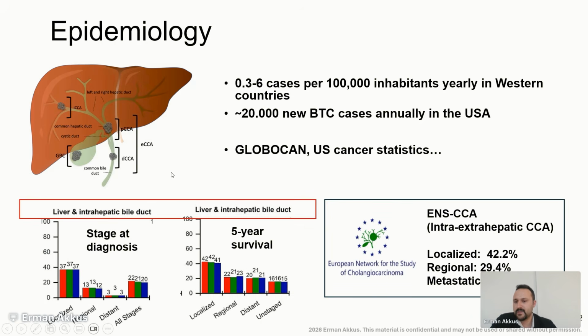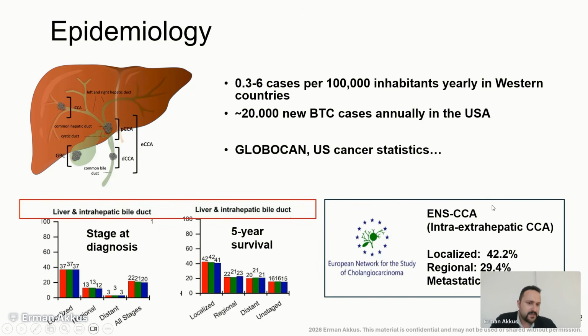We had a problem for years for these cancer types because the ICD coding was problematic, and liver cancer, hepatocellular carcinoma, and intrahepatic cholangiocarcinoma were pooled. So we didn't have very refined epidemiological data for the biliary tract cancers for years.